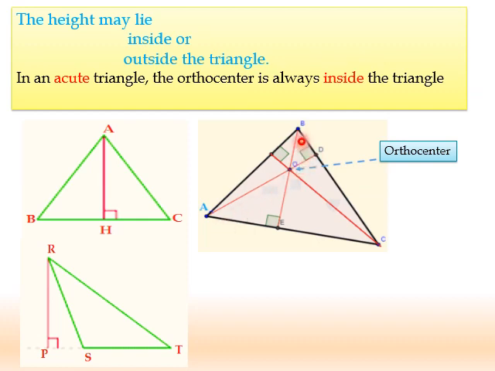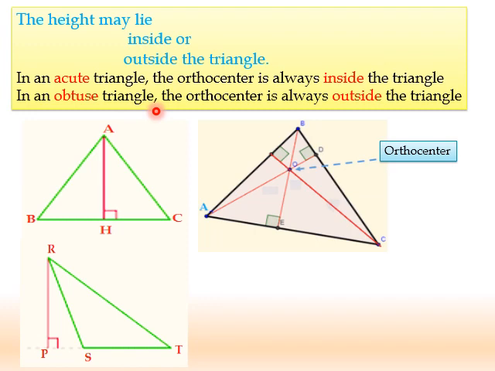AD is the height relative to BC, CF is the height relative to AB, and BE is the height relative to AC. So I can clearly say that the heights are concurrent, they intersect at point O, then O is the orthocenter, and since it's an acute triangle, the orthocenter is found inside the triangle.